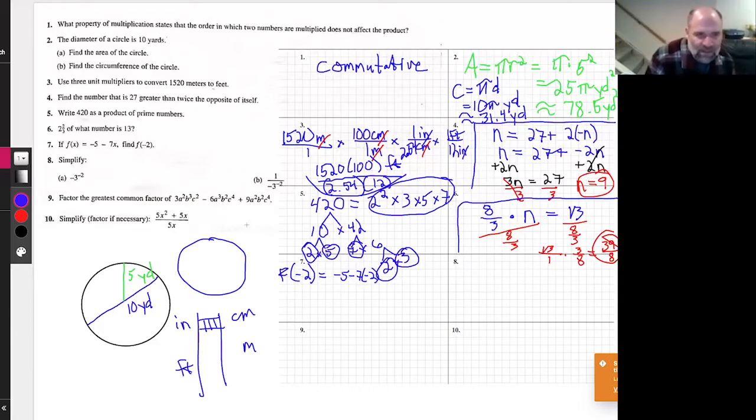Okay, let's do order of operations here. So first of all, here's what I'm going to suggest. A lot of people get confused on this left side, so you can just ignore it, okay? This is just like our plug and chug problems. We just substitute -2 in for x and then chug it out, right?